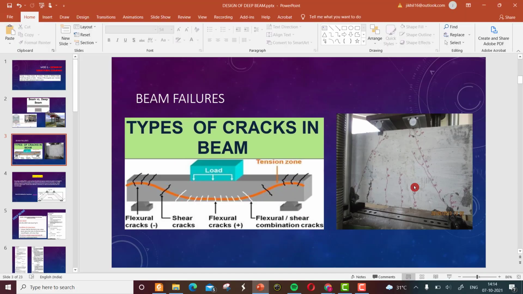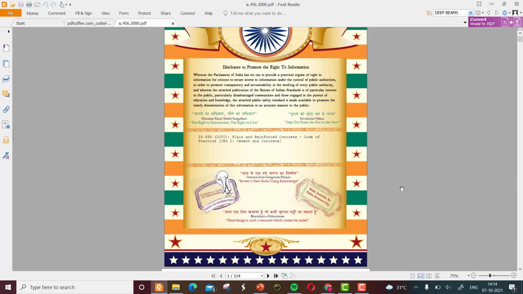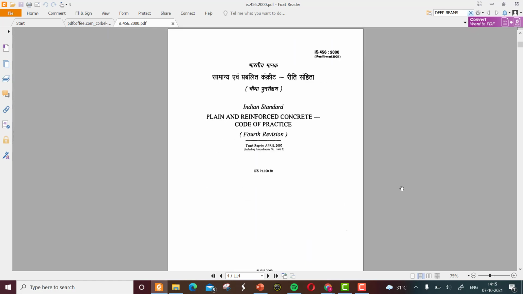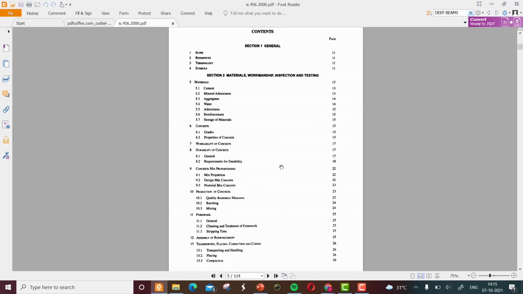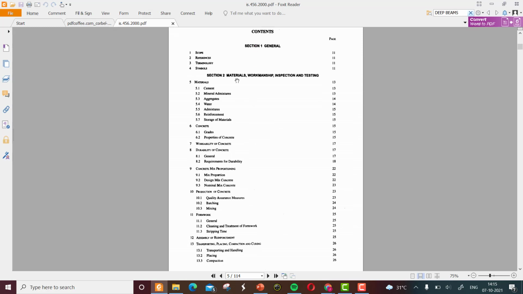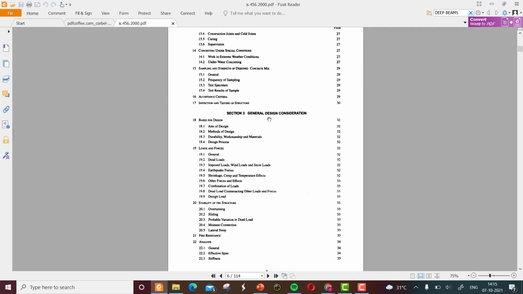Before going into the next slide, I'll just show you the IS code. So this is IS 456-2000, and we already studied the design of concrete structures 1 and 2 courses. When you see through the contents, the first one is general. Then in section 2 there are different details about the materials, workmanship, inspection and testing, and the third section is basically on general design considerations.